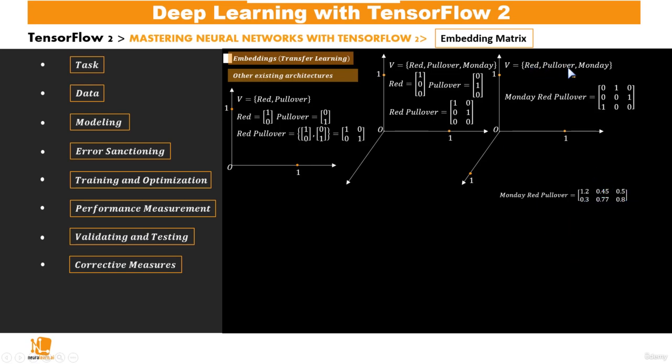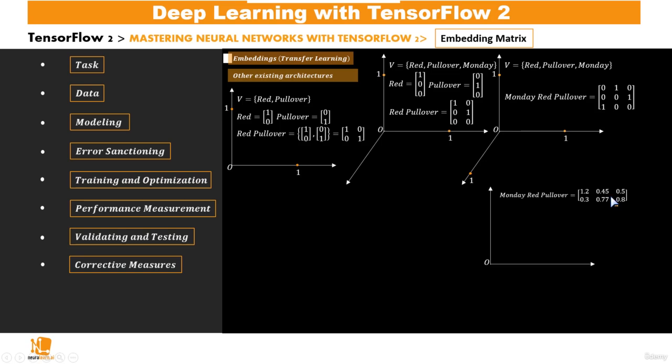So read, pullover, Monday can now be represented as, say, 1.2, 0.3, 0.45, 0.77, 0.5, 0.8. Now Monday, instead of being 0, 0, 1, is now represented as 1.2, 0.3. Then read, instead of being 1, 0, 0, is now represented as 0.45, 0.77. Then pullover, instead of being 0, 1, 0, is now represented as 0.5, 0.8.